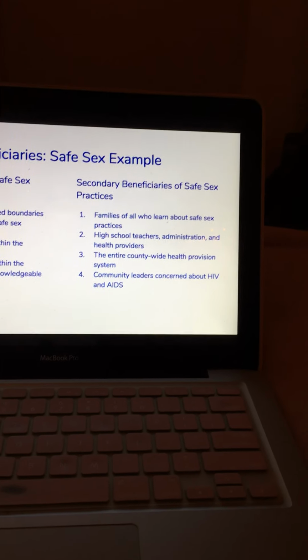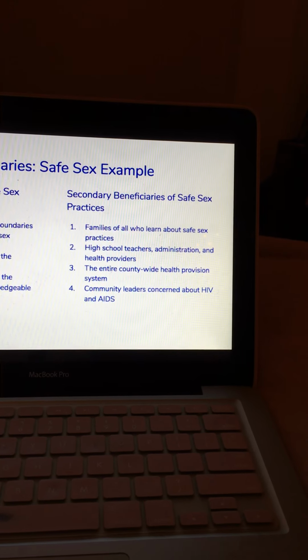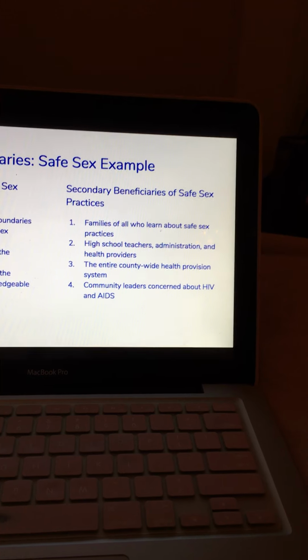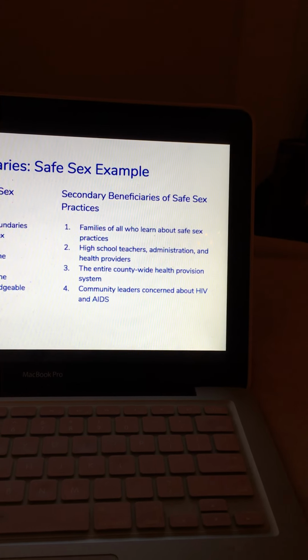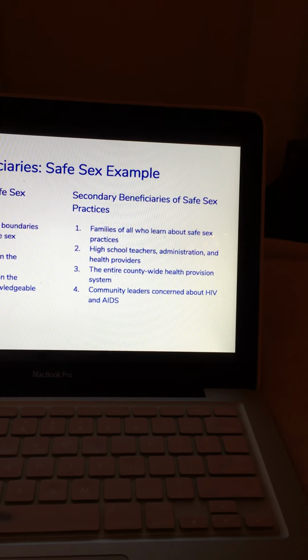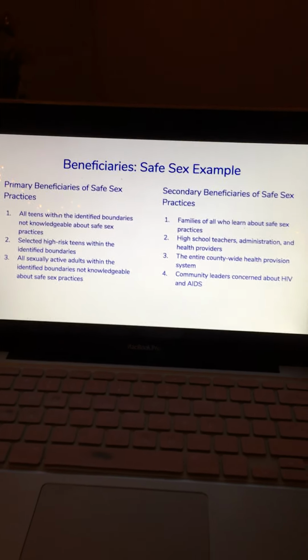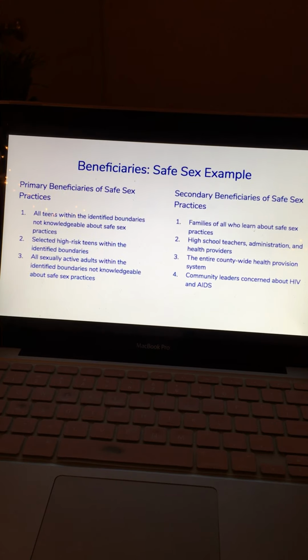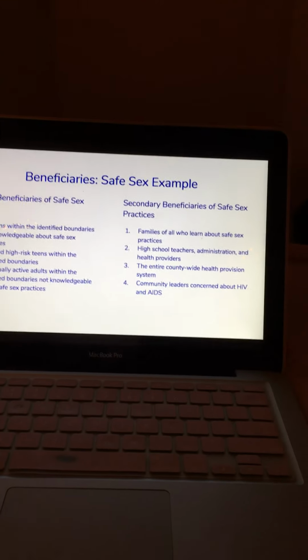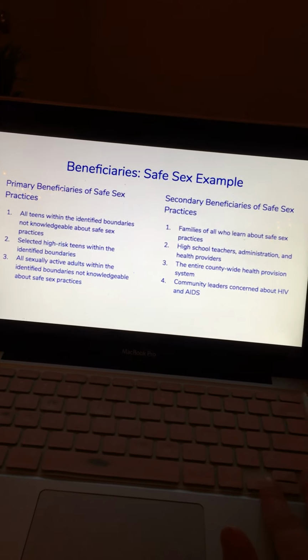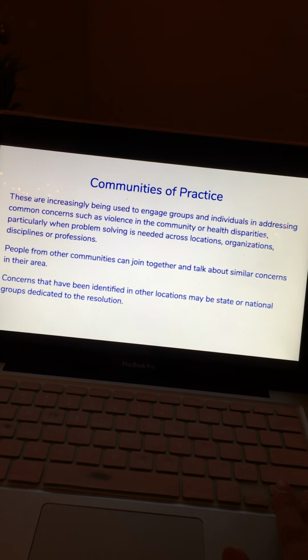And then the secondary ones are families of all who learn about safe sex practices, high school teachers, administration, and health providers, the entire countywide health provision system, and community leaders concerned about HIV and AIDS. So those are just examples of beneficiaries for the primary and secondary for our safe sex example from the book.